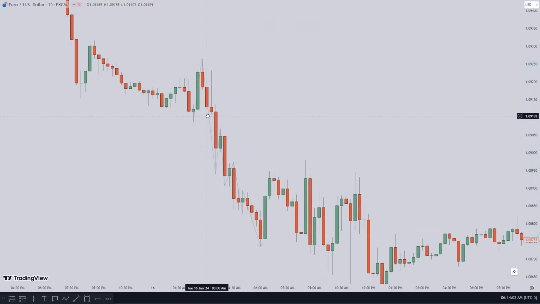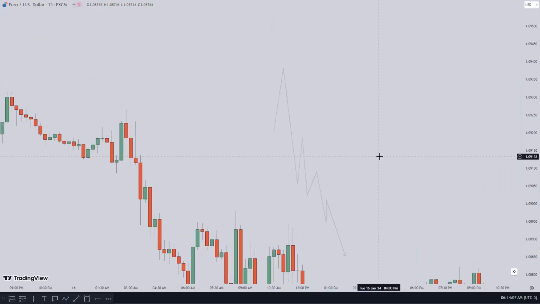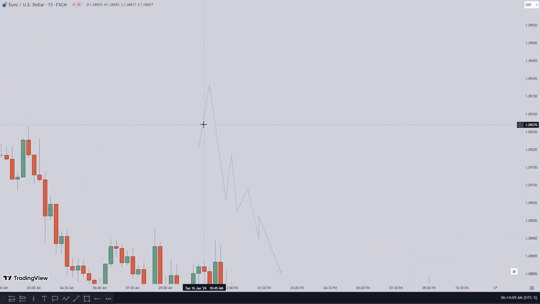If I move this to an empty space, as you can see: swing high protected, swing low targeted, swing high protected, swing low targeted, swing high protected, swing low targeted. This is how a bearish market structure forms.